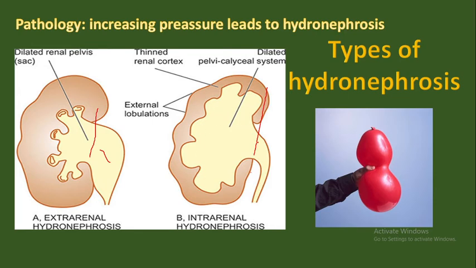But it's not compressing 100%. It's compressing only a little, so the urine can go inside. The urine will flow inside and fill the renal calyces.